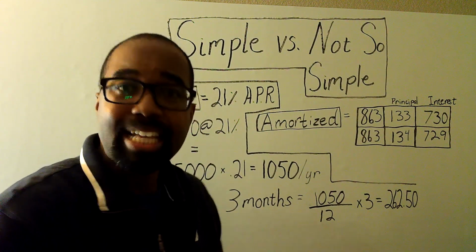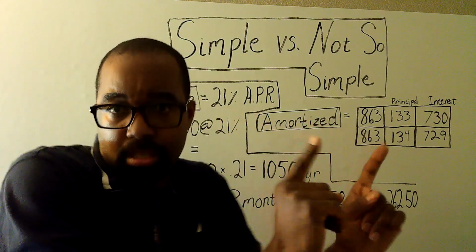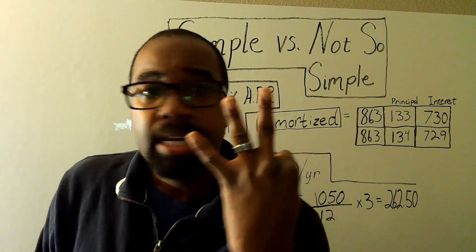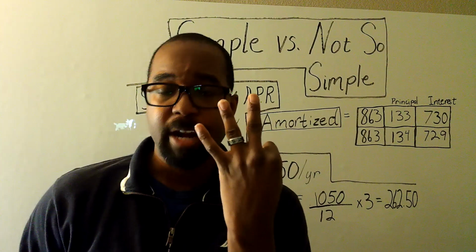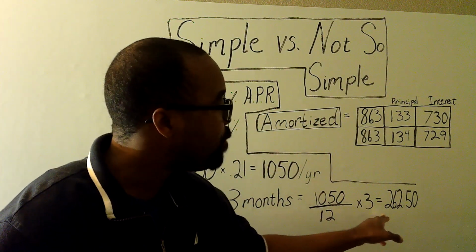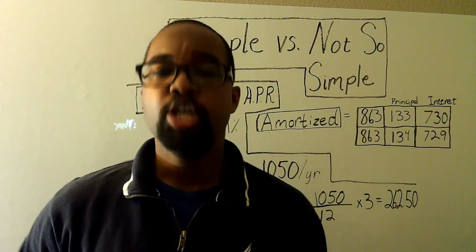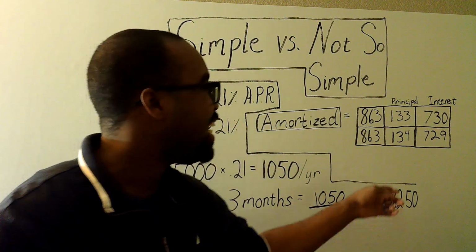That's going to give you what each month is. Now we take that answer and multiply it by the 3 months that we've held that 5,000.